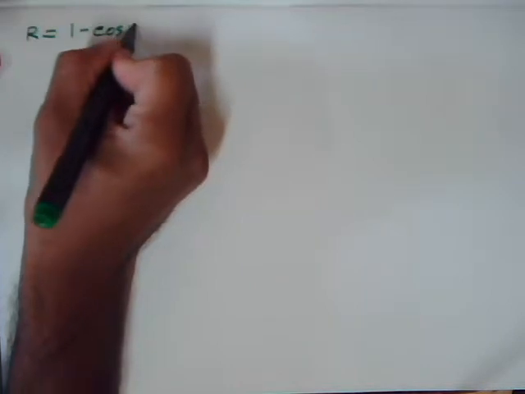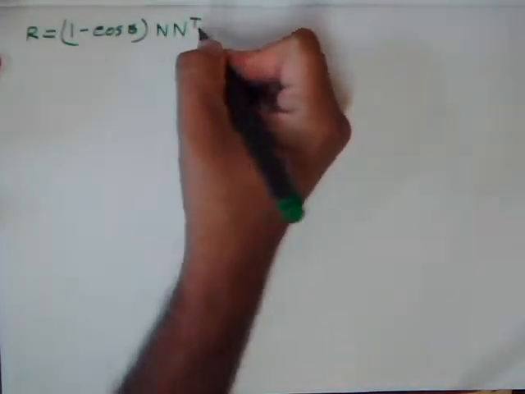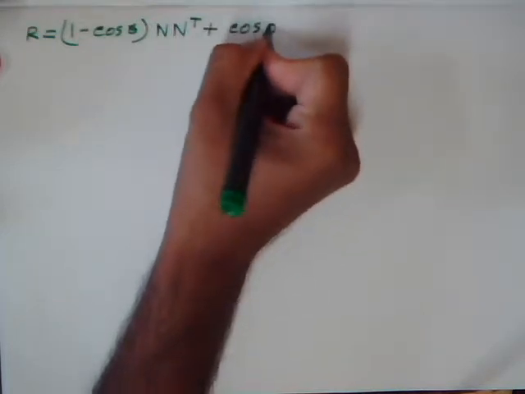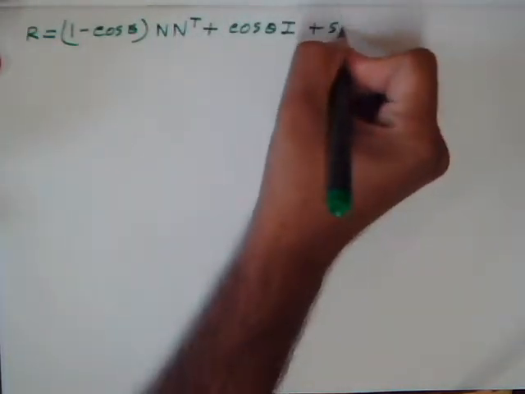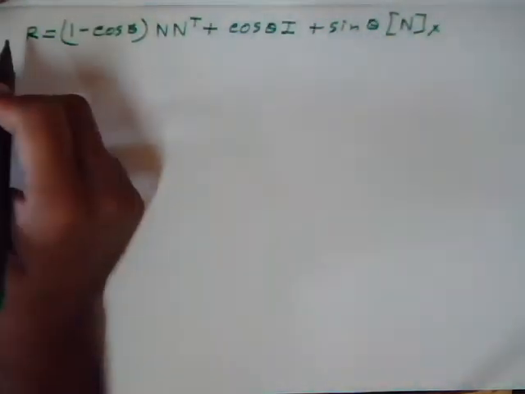Further exercises for you. So given you know the form of R, which I shall write once again for your reference, which is (1 minus cos theta) times n n transpose, where n is the axis of rotation, plus cos theta times the identity matrix, plus sin theta times n cross, the skew-symmetric form of n.